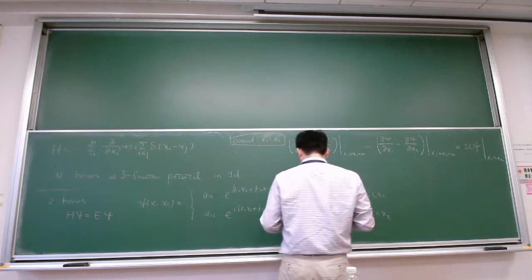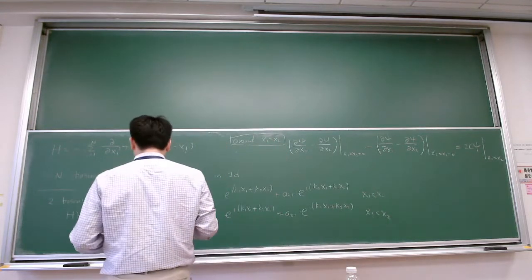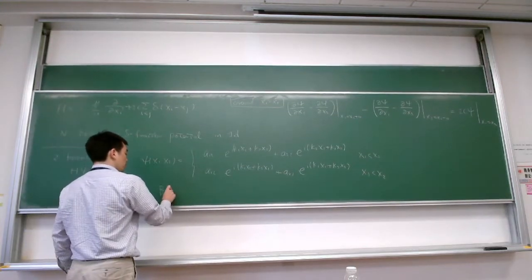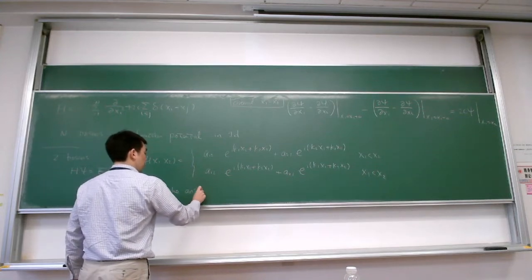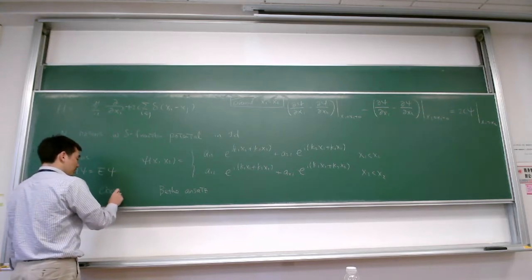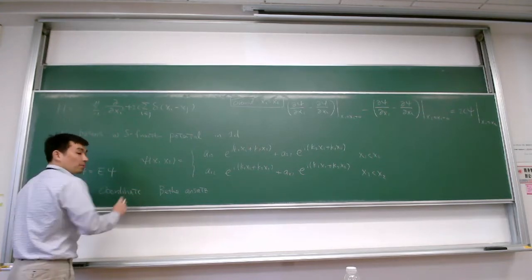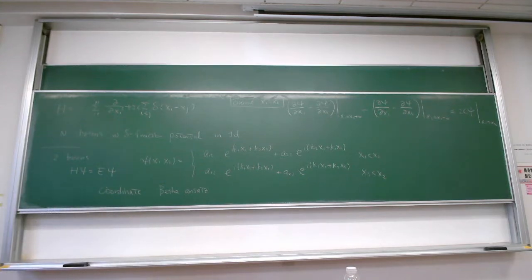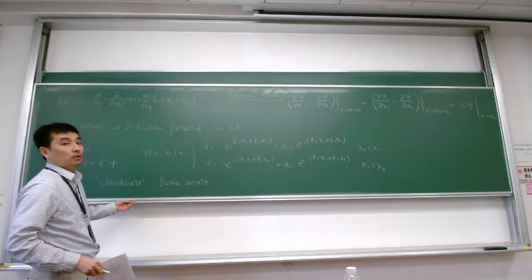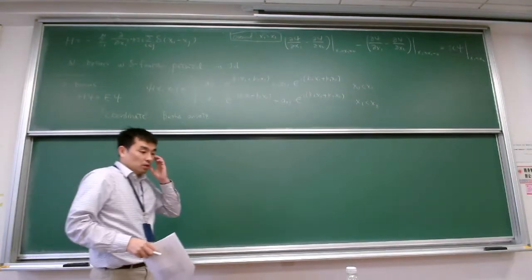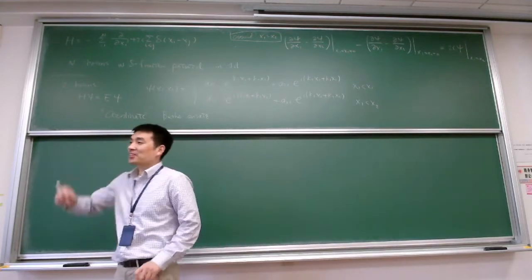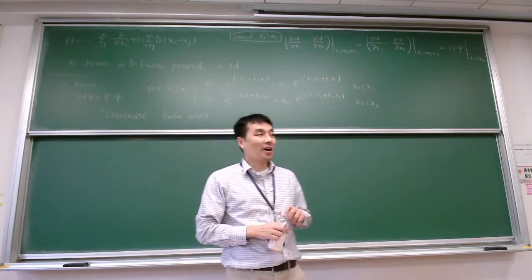And from here, if you plug in, this is called Bethe ansatz. Or more precisely, nowadays it's usually called the coordinate Bethe ansatz equation. The reason why it's called coordinate is that there is also the so-called algebraic Bethe ansatz.